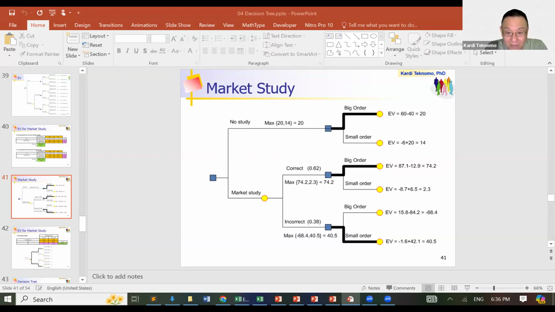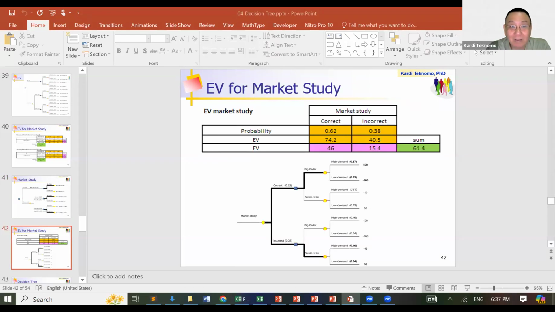If your market study is incorrect, you will select small order. This is the one that you will put in the risk profile. Then you can compute the EV for the whole market study.